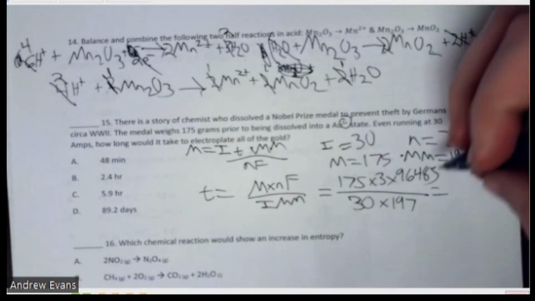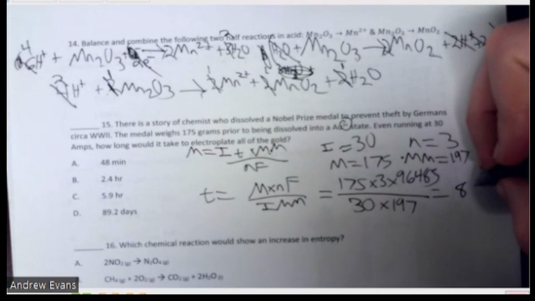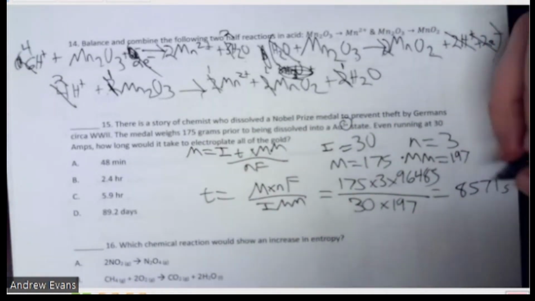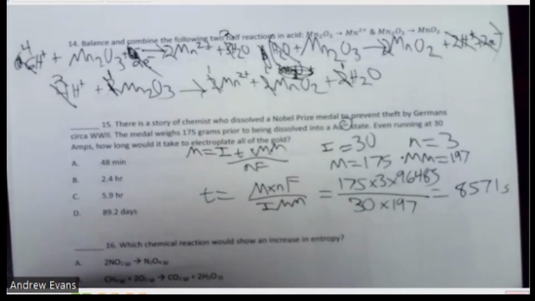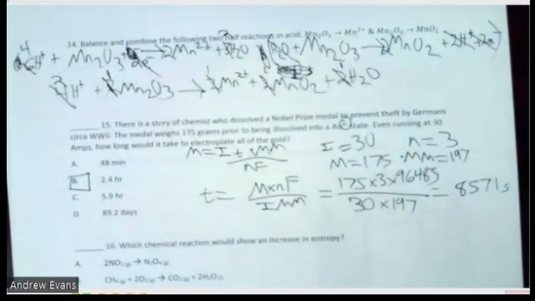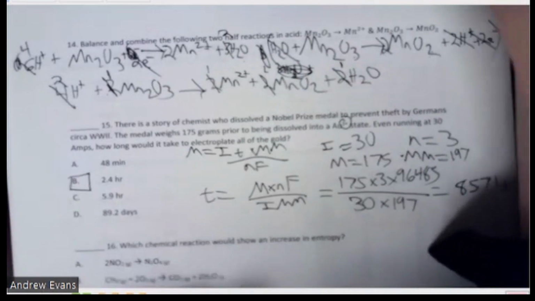You get some really big number, 8571. That's not an answer. So how do we deal with this? We divide by 60 to turn it into minutes. 142, 143, still not good. Divide again to get to hours. 2.38 rounds to 2.4. It would take 2.4 hours to fully deposit that.